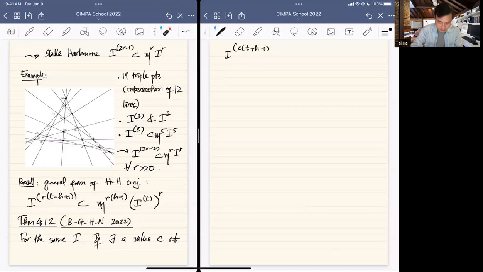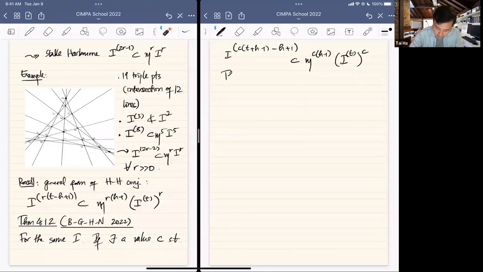So that looks very similar to this. However, we need to drop the power by h minus 1. So minus h plus 1. If that is contained in m to the c h minus 1, I to the t c. So it's not the same as that. It's slightly stronger because the power is smaller.